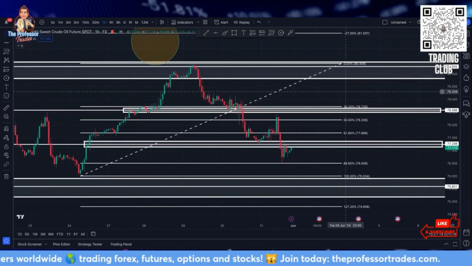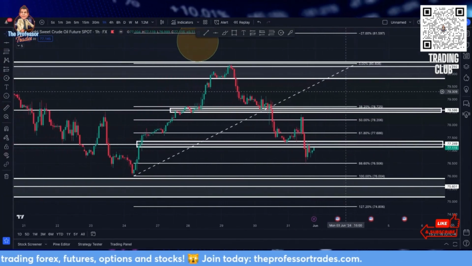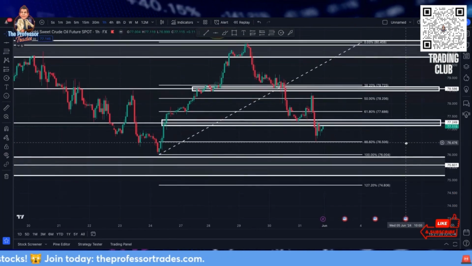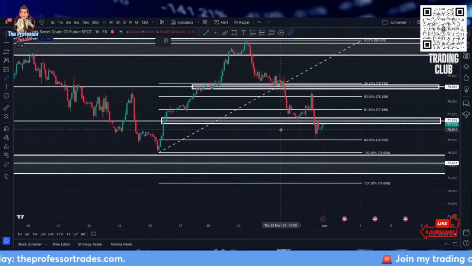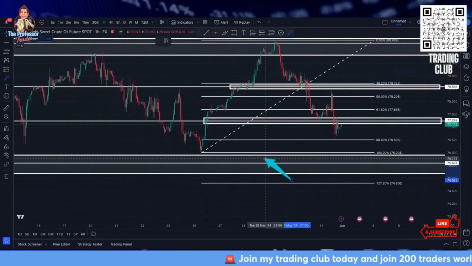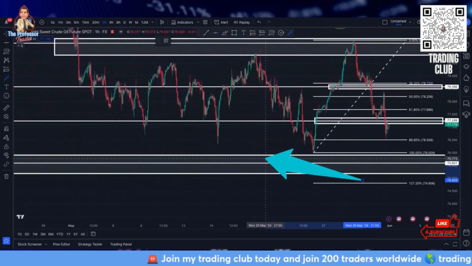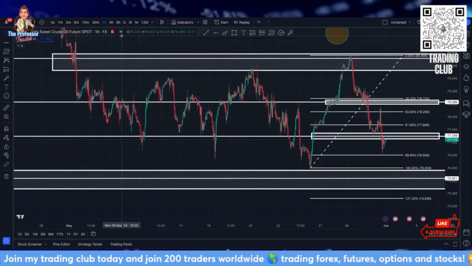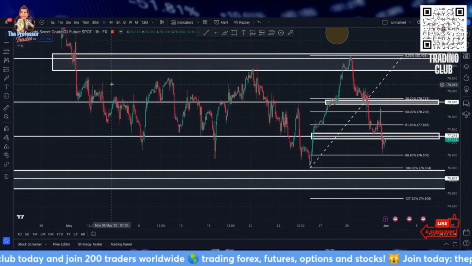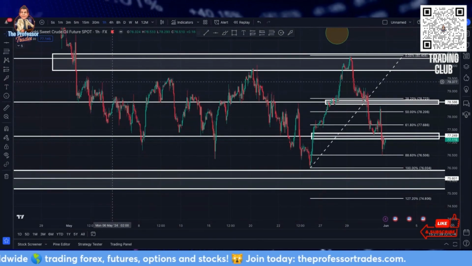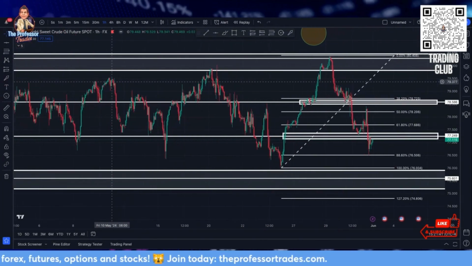So we are not going to sit here in this particular area. Now, if we're looking at this trend here, again, we did not close below the 100 fib level. So when we look at this trend right here, we are still in this consolidation area, if you will, ranging between 80.5 to 75.5 on crude oil.